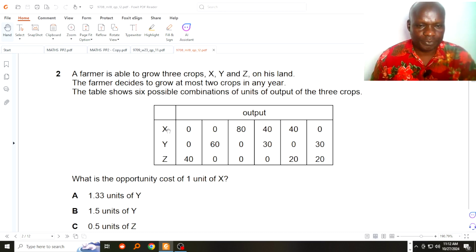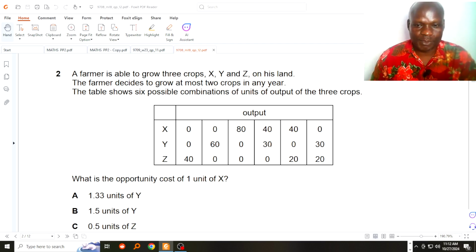In which case, if he decides to grow no X, then there'll be no output for X. There'll be no output for Y because he has not done any input for Y, so there's no output, but he actually commits the land to Z, and that gives 40 units of output.